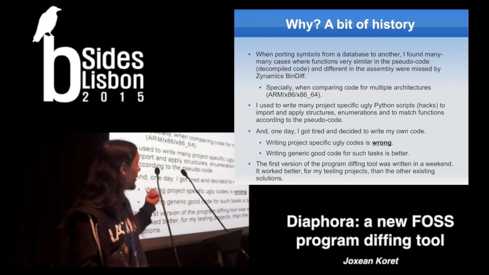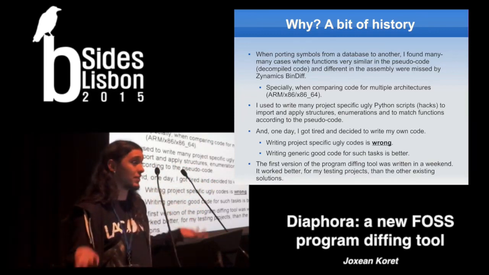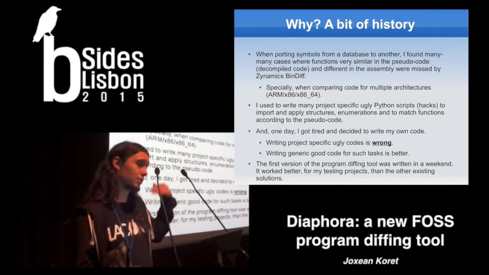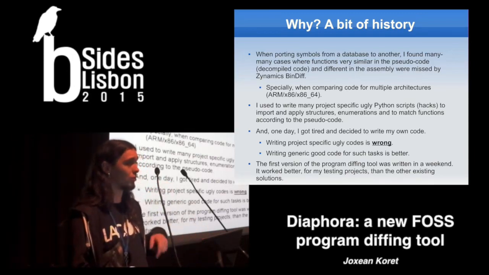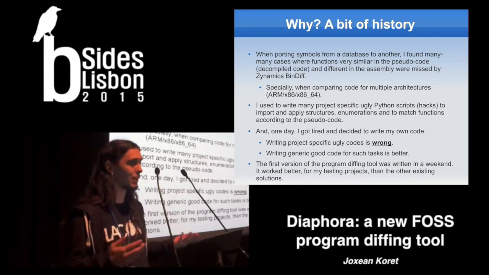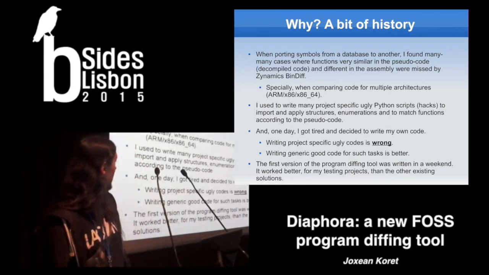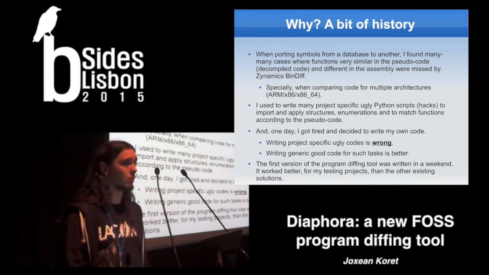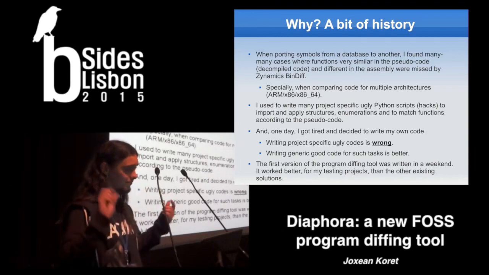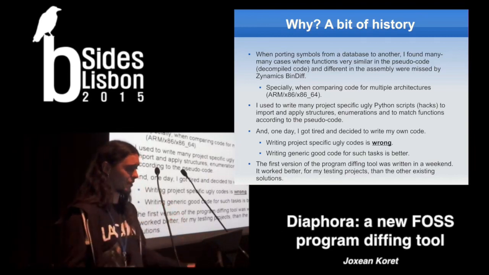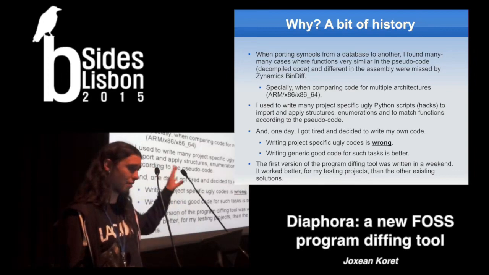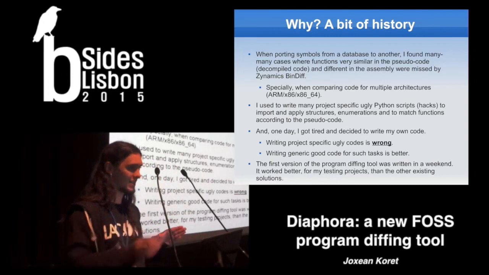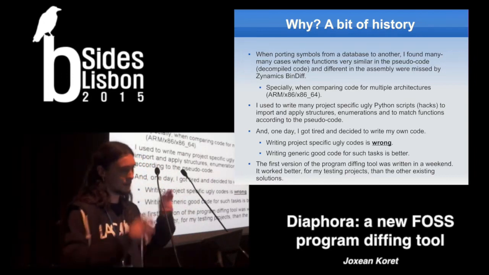But BinDiff or other tools didn't apply any heuristic using the pseudocode. I wanted to use it because I knew it would give better matches. Also, in this sense, Dynamic BinDiff used to work really badly when matching, for example, one program for ARM and one program for AMD64. Not comparing the same architectures, but different architectures.